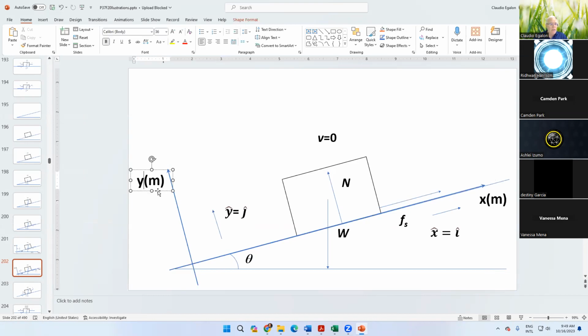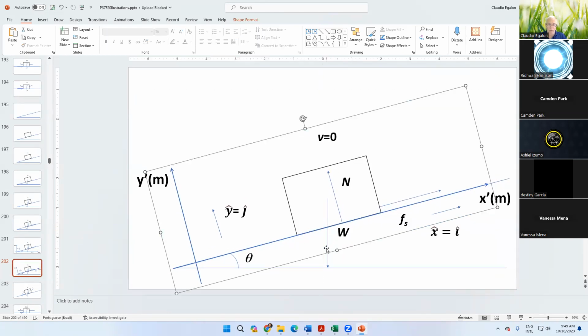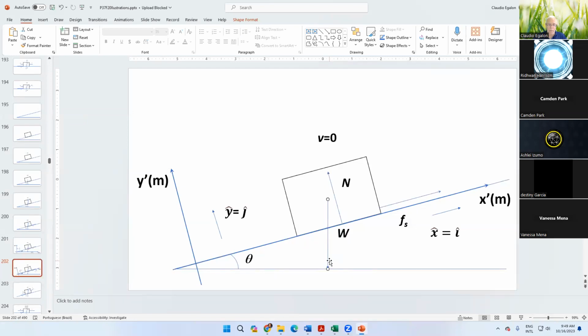I'll call that x prime axis to differentiate from the other one. I'll call that y prime axis. Don't forget this angle that the weight makes with the normal is the angle theta, right?